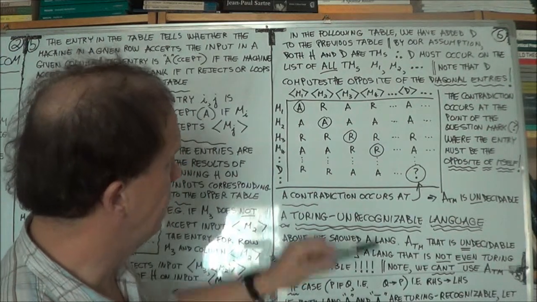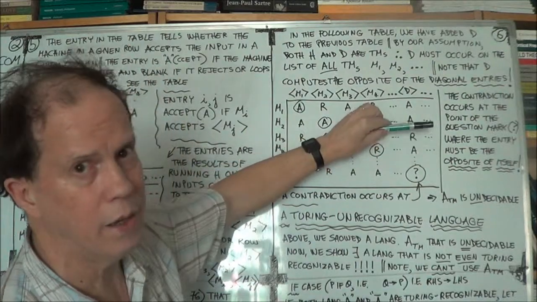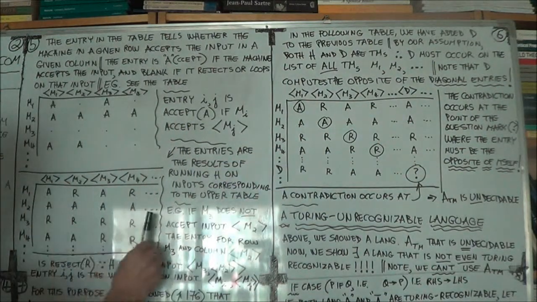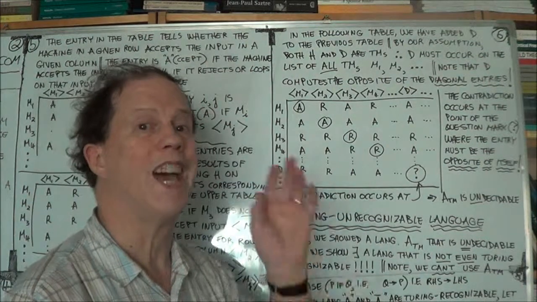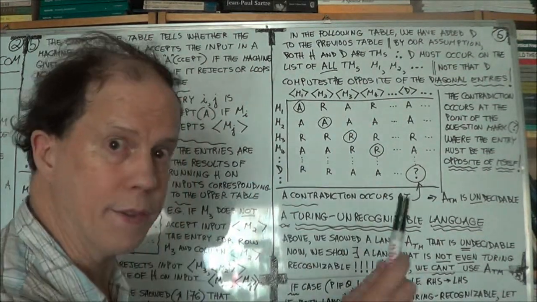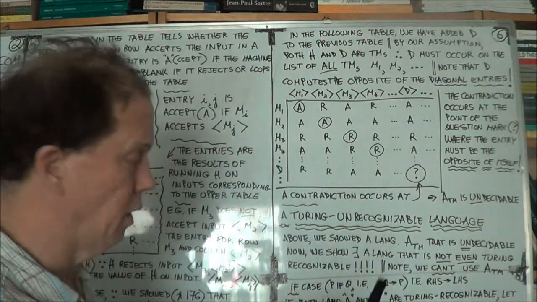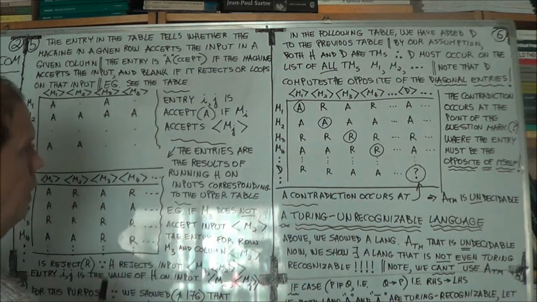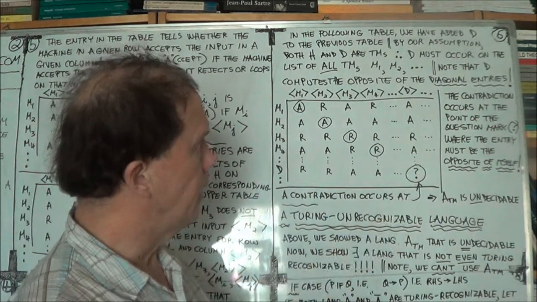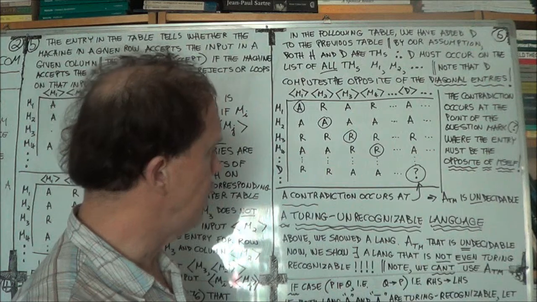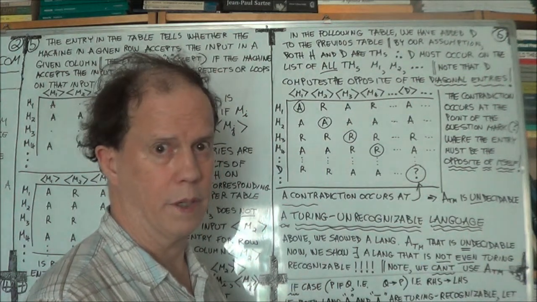Now, what is this? All these entries here, what are they again? Well, it's the same as here, and this is how the machine H replies, the decision, accept or reject, of H. Okay, so whatever it is you have here, the D will be the opposite.